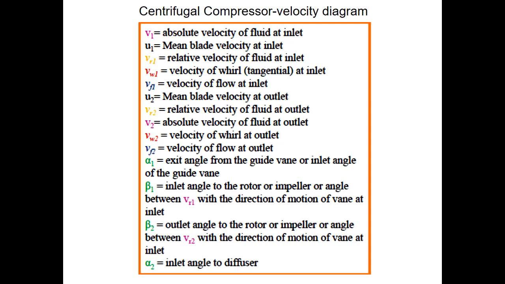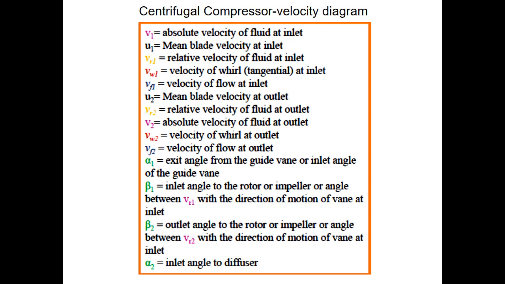Now coming to the velocity diagram, inlet and outlet velocity diagrams. As of now we will proceed with the conventional way of representing velocities and angles, that is V1 absolute velocity of fluid at inlet, U1 blade velocity at inlet, VR1 relative velocity at inlet, VW1 and VF1, those are the velocity components of absolute velocity of fluid at inlet, that is V1.